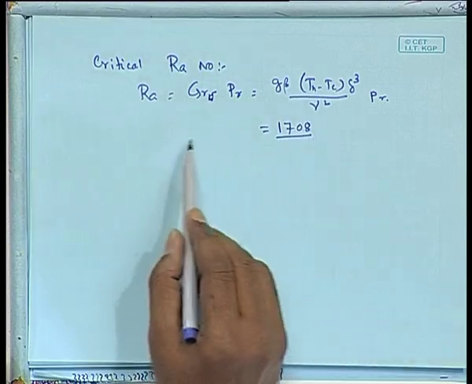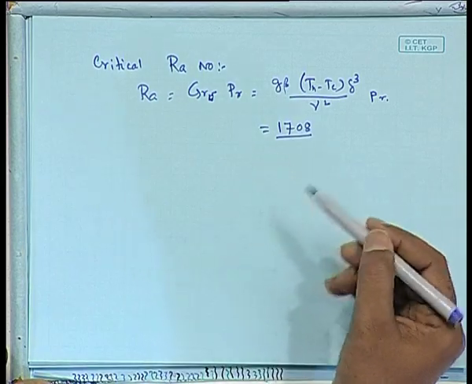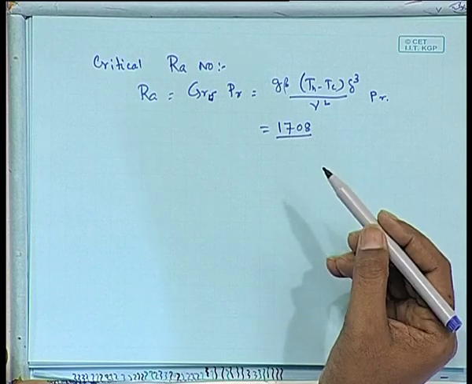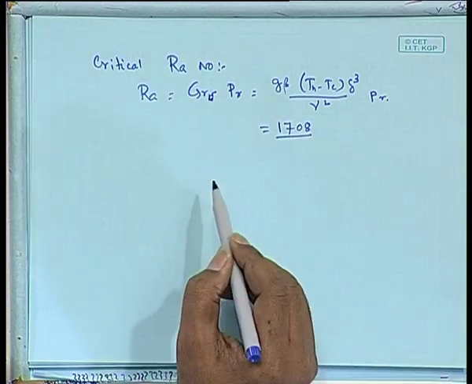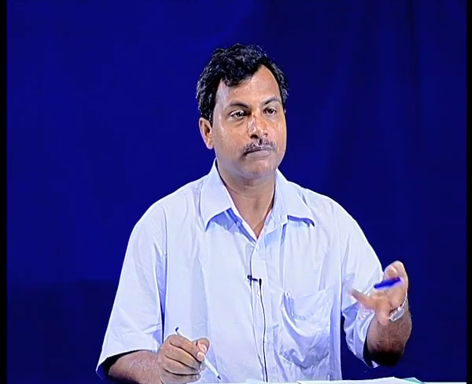In fact, you can theoretically prove that this critical Rayleigh number is 1708 by an instability analysis of your governing equation. You write down your governing equation and impose an instability by putting in a wave type of function. Then you do the analysis.